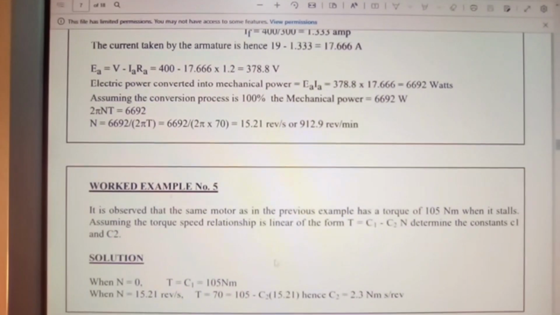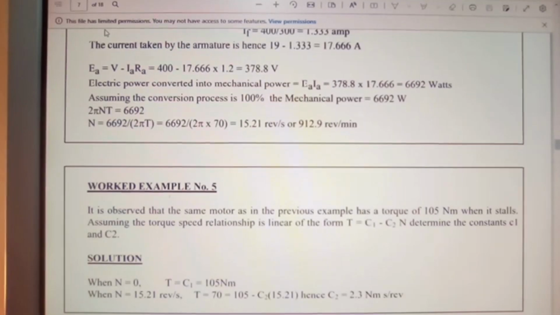And again, here is further examples. Work example number 5.